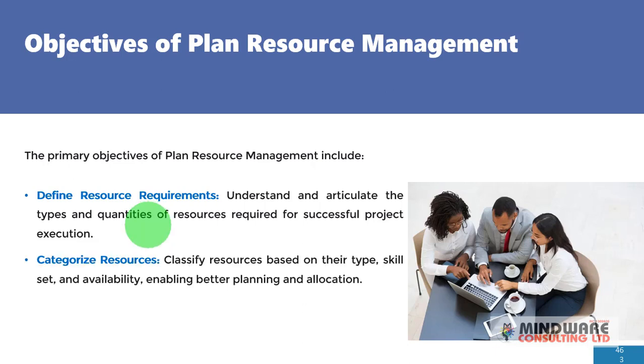Next, you're going to categorize the resources. Categorization involves classifying resources based on their type and skill sets, and this one is talking about the human resources. We'll talk about skills, of course, that has to do with human beings. And then also the availability.